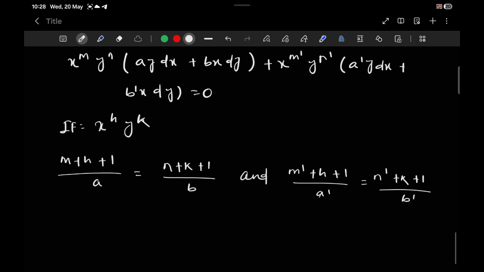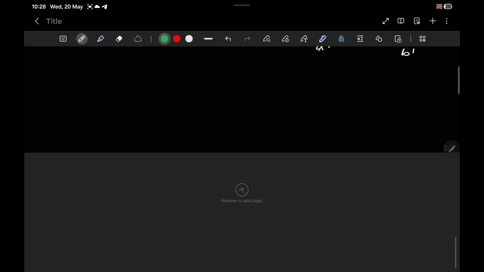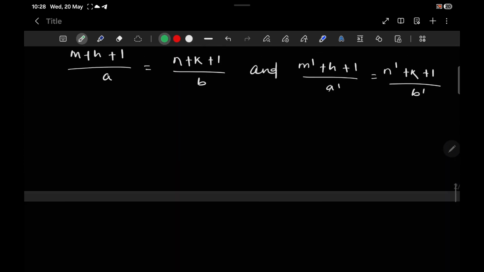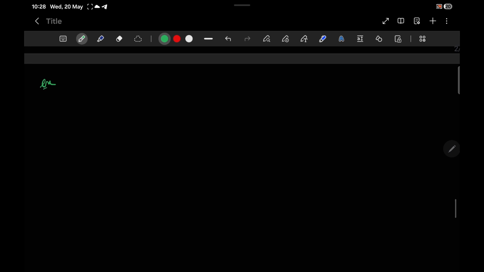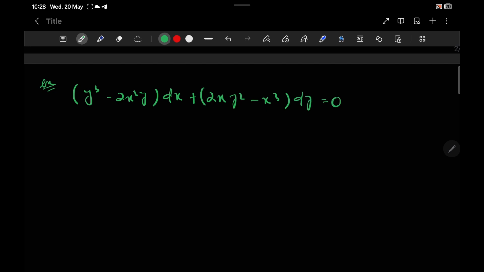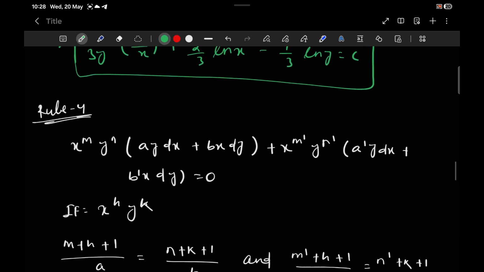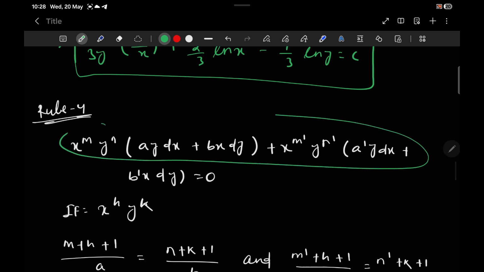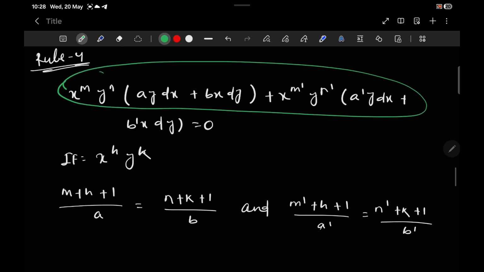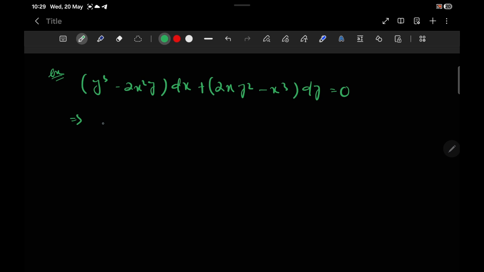So let's take an example. The example is (y cube minus 2x square y) dx plus (2xy square minus x cube) dy is equal to 0. So we have to bring it into this form. Let's open the brackets here.